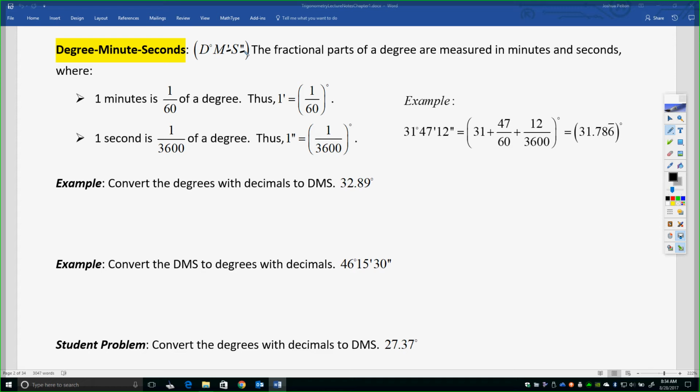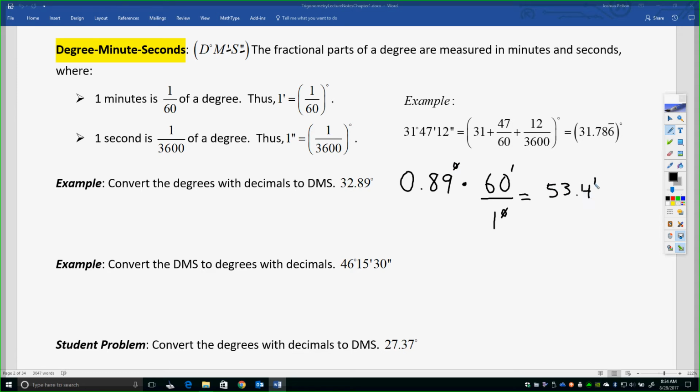We're going to take that 0.89 and multiply it by its unit factor, which is 60 minutes in 1 degree, so the degrees cancel, and that gives us 53.4 minutes.